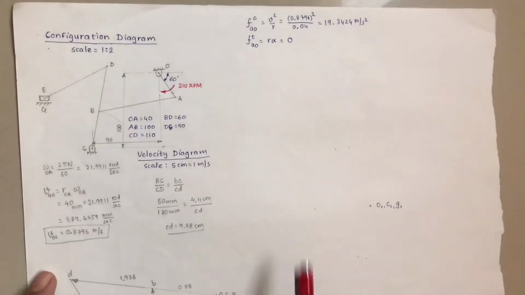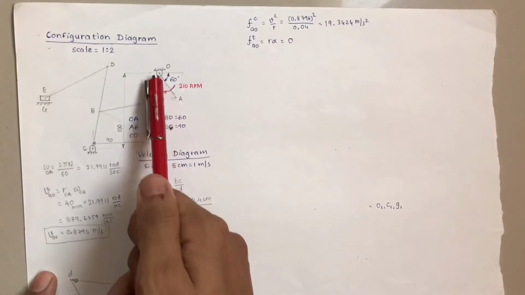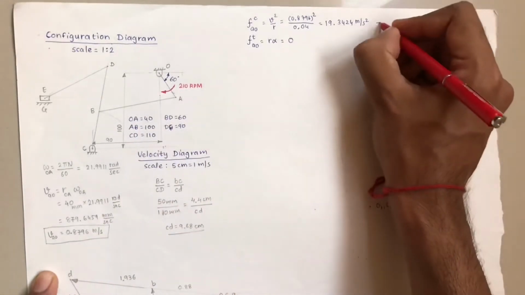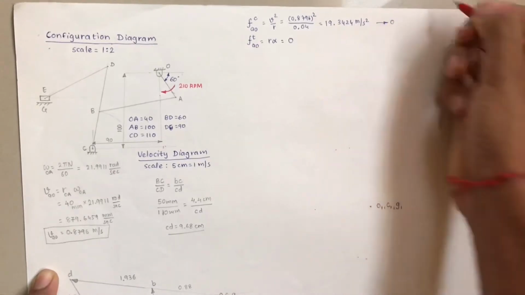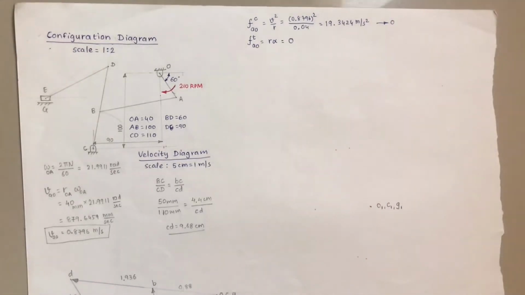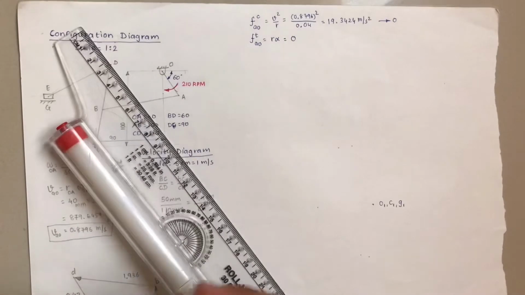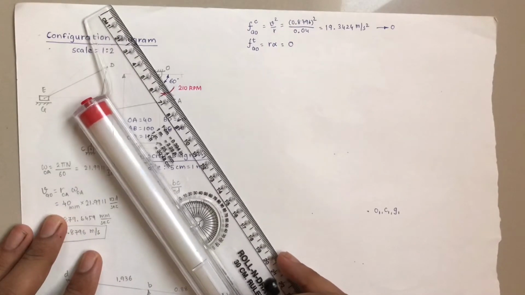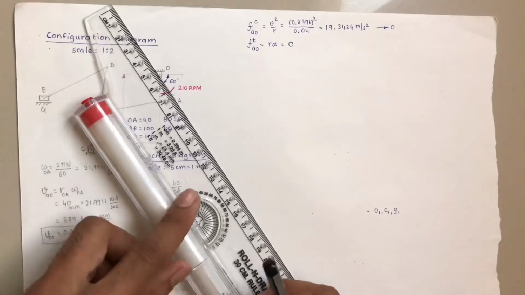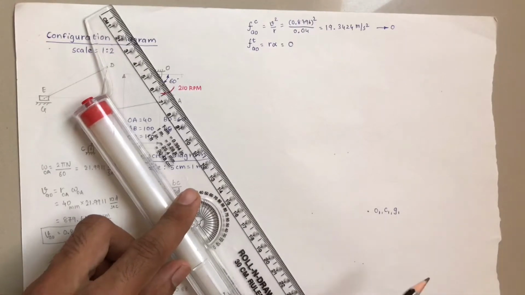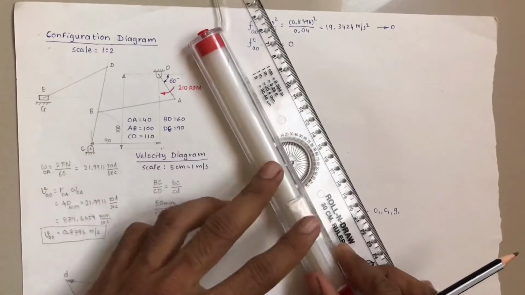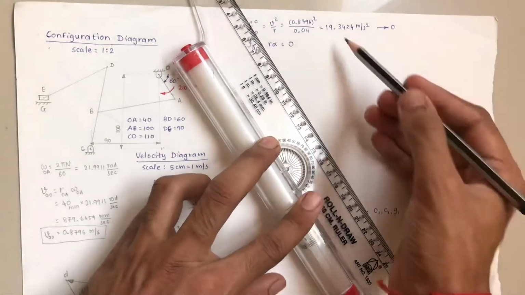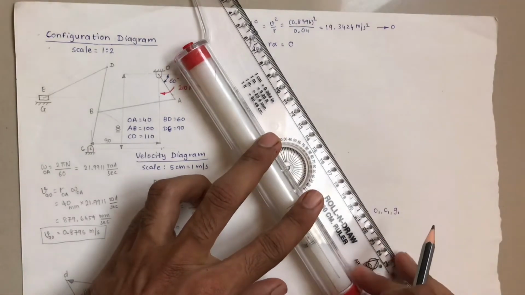Now the direction is towards O, because O is the center of rotation when you see only the OA link. So it is towards capital O. The centripetal component is parallel to the link, so first keep the scale or drafter parallel to the link. We already have the O point, so draw a line from that O point representing 19.3424.